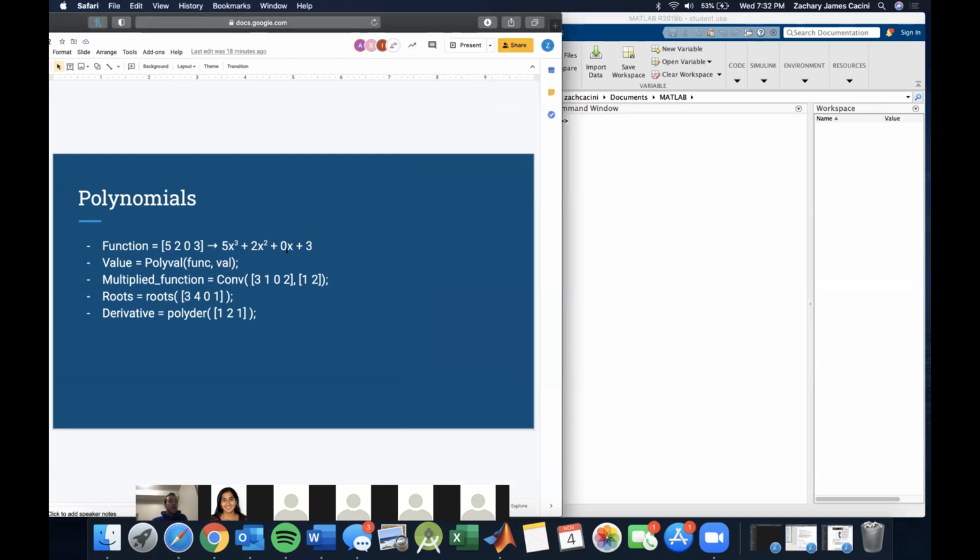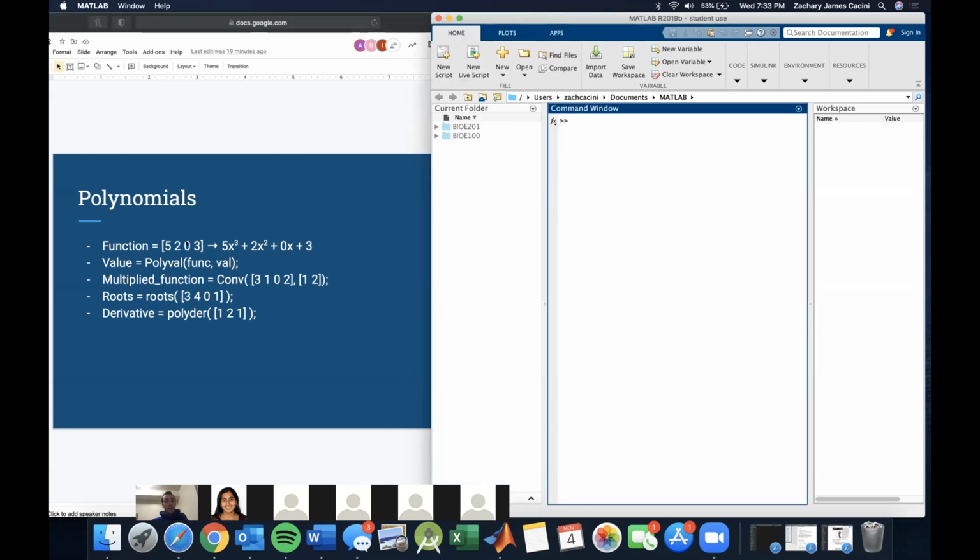Even when you technically don't write a function with a 0 power of x, you have to include that 0 so that MATLAB knows which coefficients correspond to what power of x.